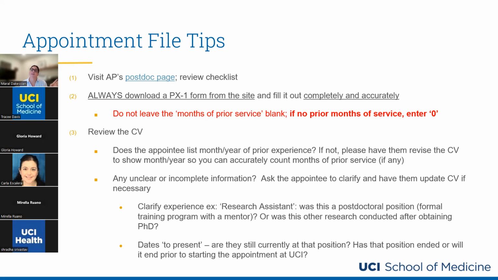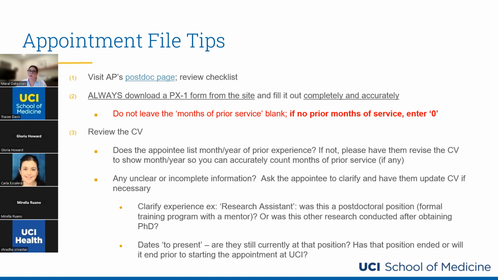It wasn't till June. It was like January to April. So I only had 4 months of experience, and we had to revise this person's whole appointment to correctly account for the months of service that he had, and we had to grant him an additional 2 months at the end of his 3 or 4 year appointment timeline.